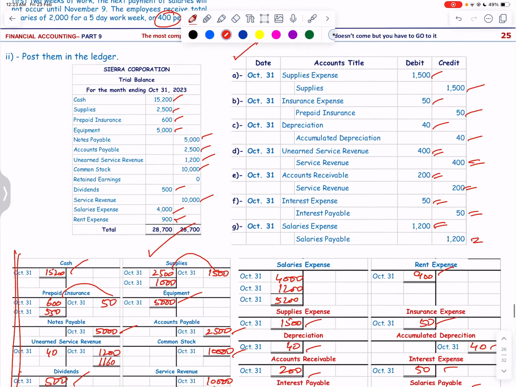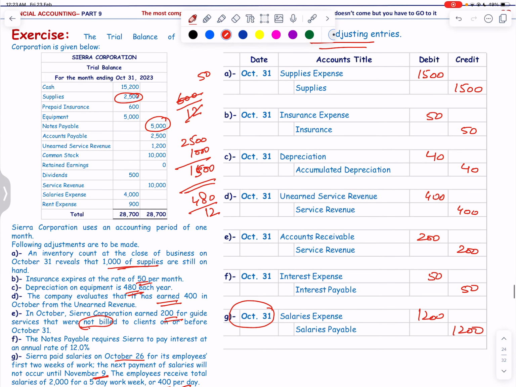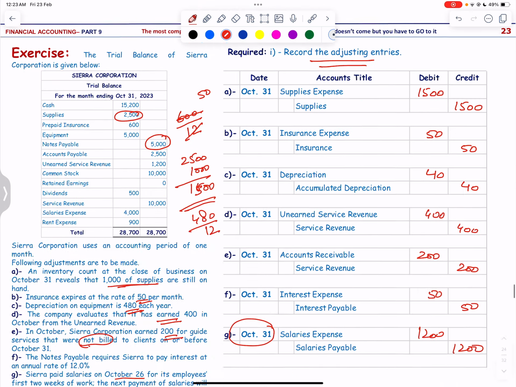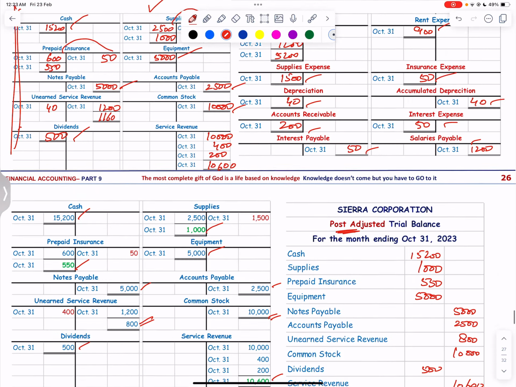Okay, what is next? So we have prepared the adjusting entries, we have prepared the ledger, we have prepared the post adjusted trial balance, and now from this post adjusted trial balance we will prepare the income statement, retained earning statement, and the balance sheet. So let us see how we do that.